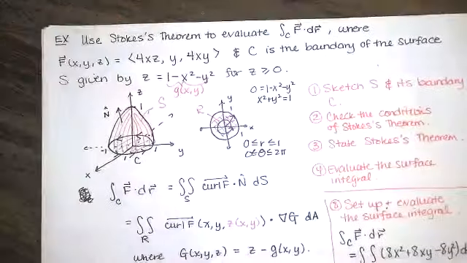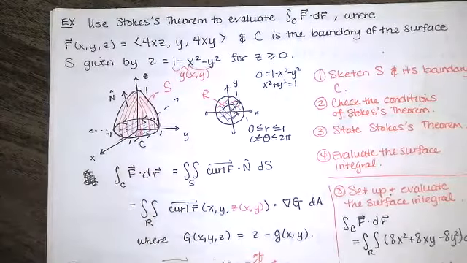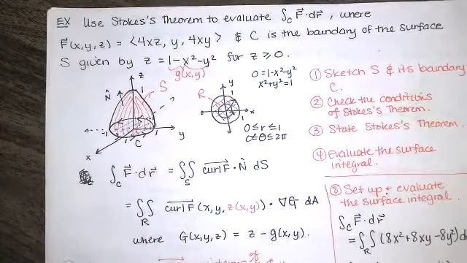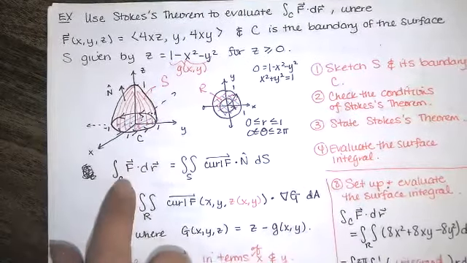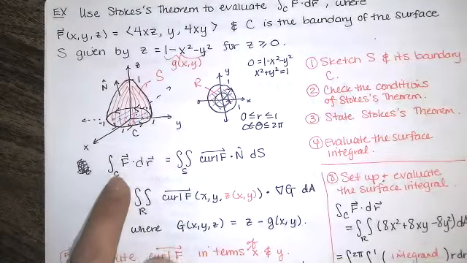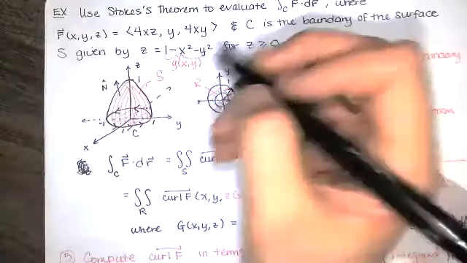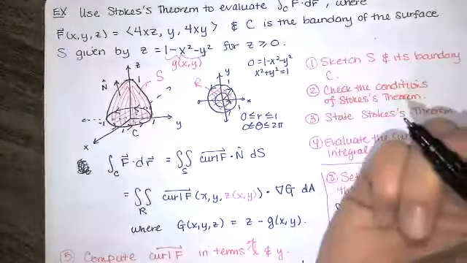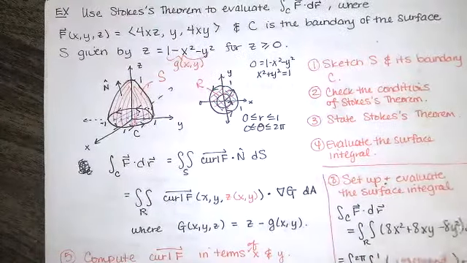So it turned out that this was 0, so that must mean that the line integral over that curve is also 0. And let's verify this by computing that. I want to show that it's 0 as well. So if I want the line integral of this field over C, I need a parameterization of C. And C is that curve in the xy plane, but we're thinking of it as existing in three-dimensional space.